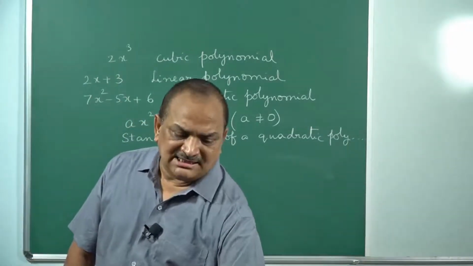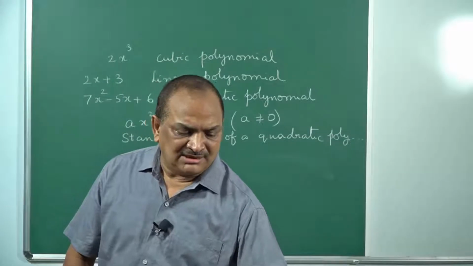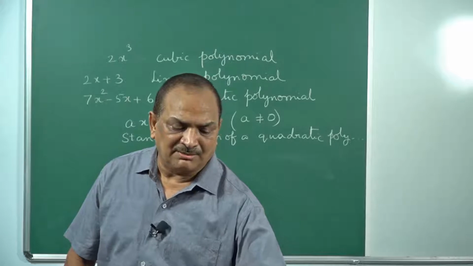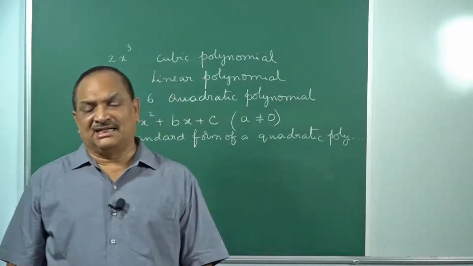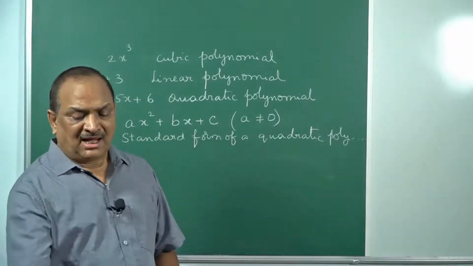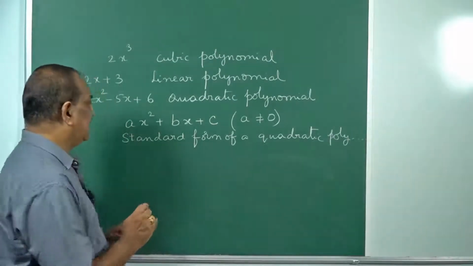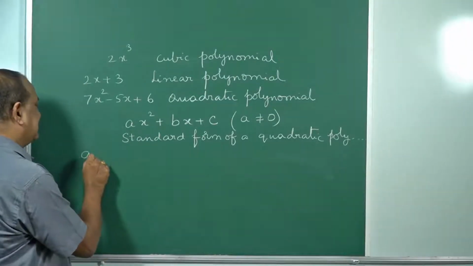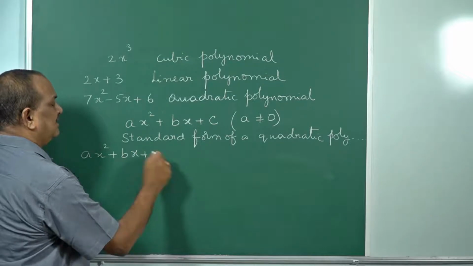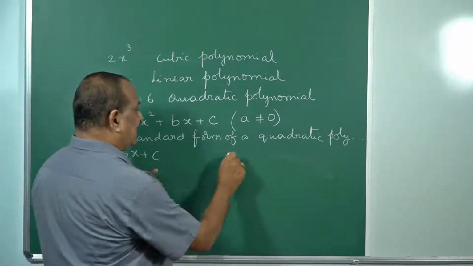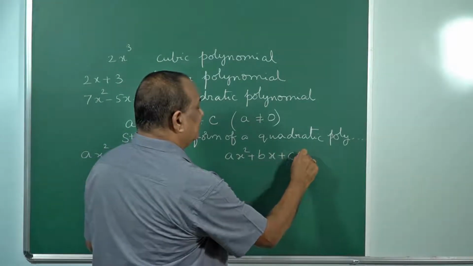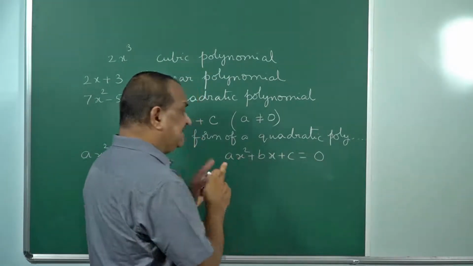Now, this is a very interesting part, about zeros of a polynomial. Let us understand what we exactly mean by the zeros of a polynomial. And I just want to clear some point here. Say this is a quadratic polynomial. But if you write ax square plus bx plus c is equal to 0, this is a quadratic equation.